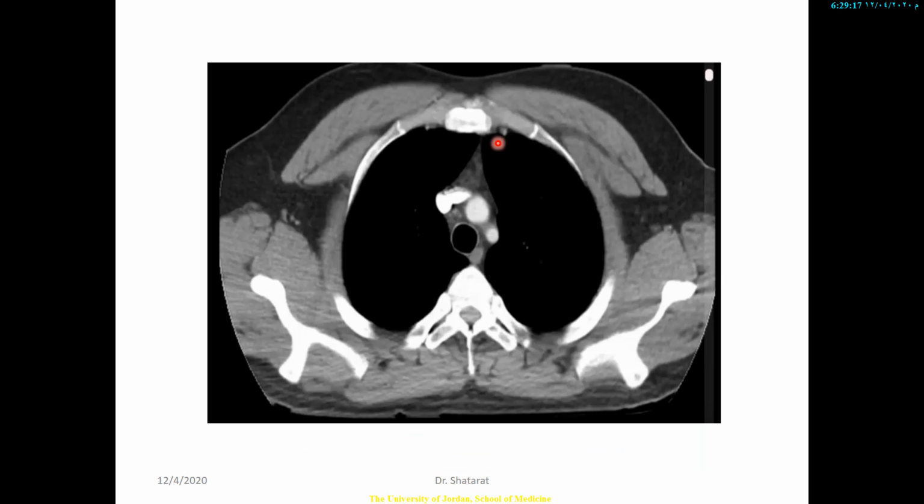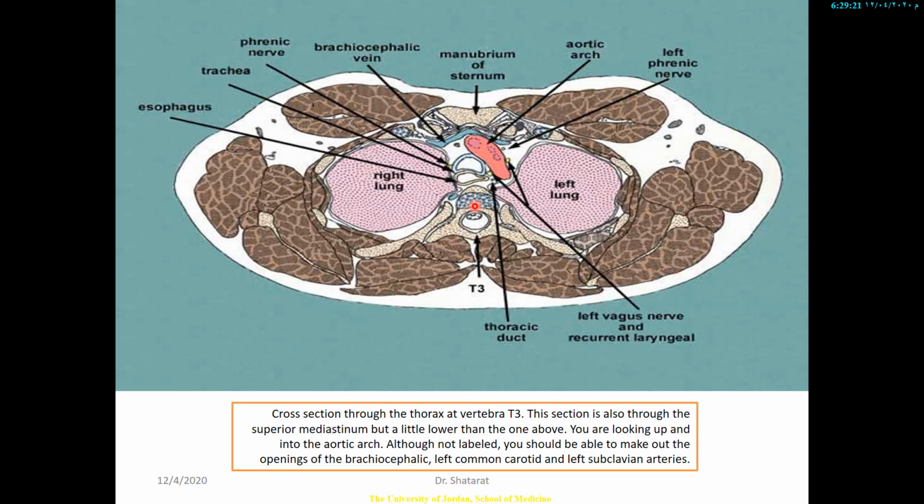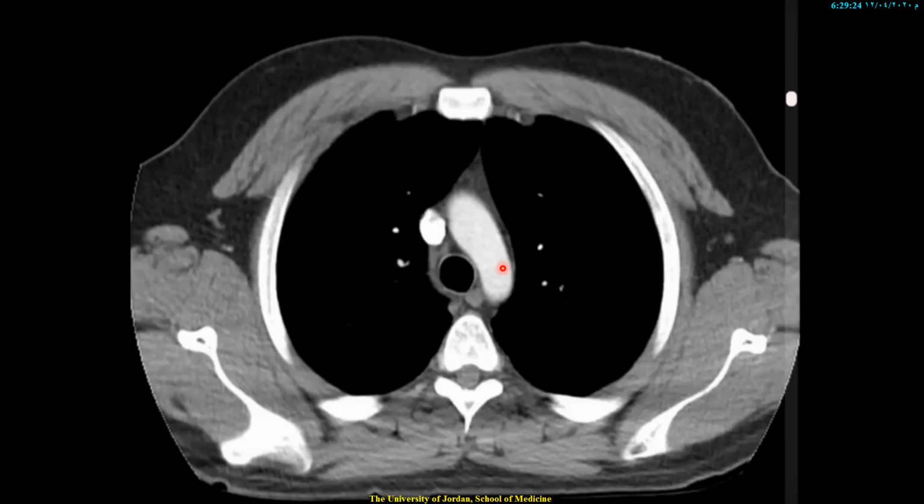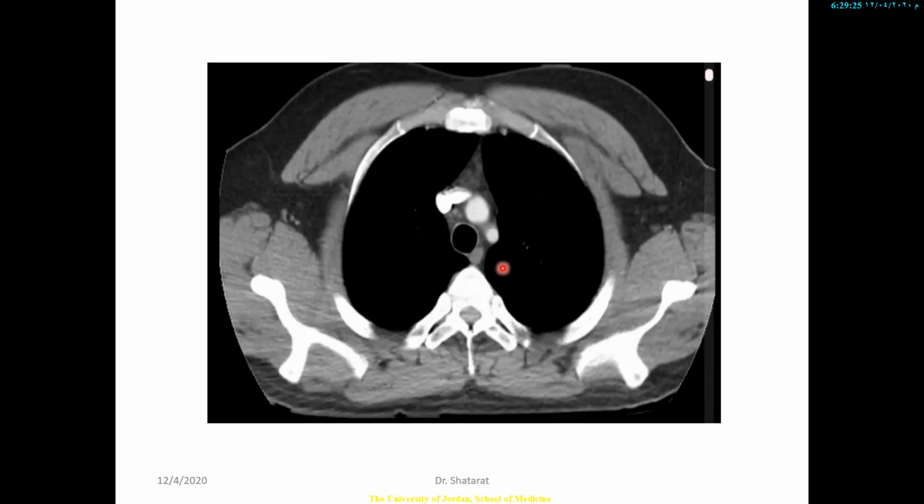Let's have a look. Now the continuous image has gone as we go superior. Instead I can see three points or circles. This is the brachiocephalic, followed by the left common carotid and left subclavian artery.